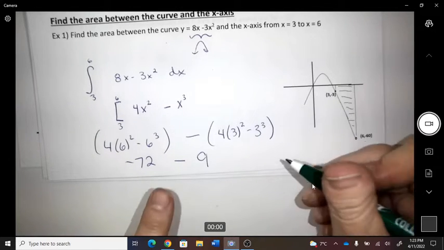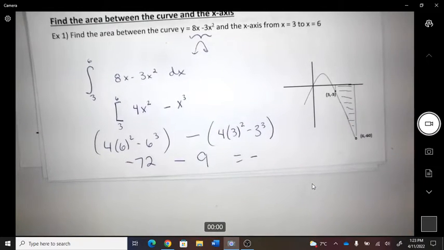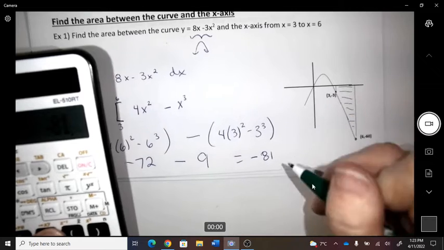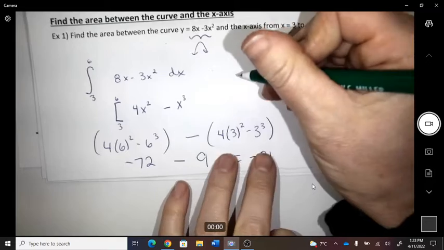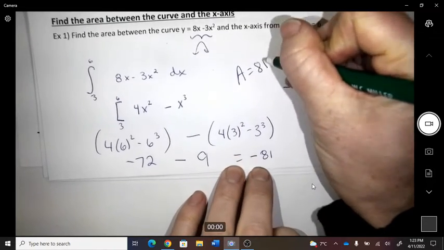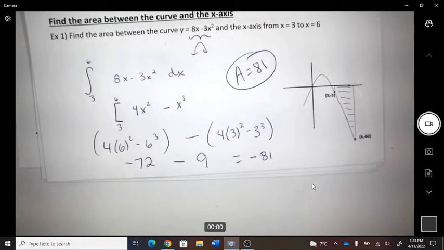Okay, so that all comes out to negative 81. Okay, so here's the deal. Area, we probably don't want to say the area is negative 81. So we're just going to say the area is 81, as in whatever you have, you just absolute it.